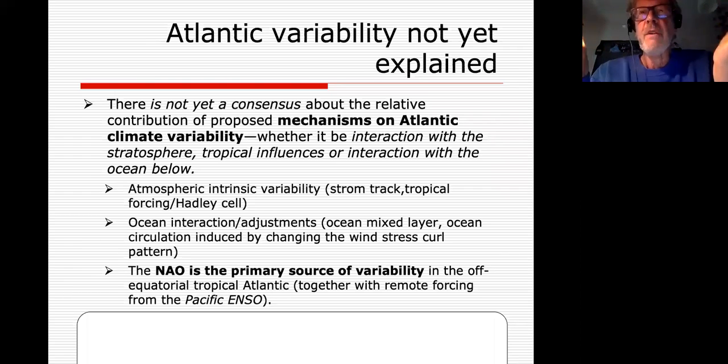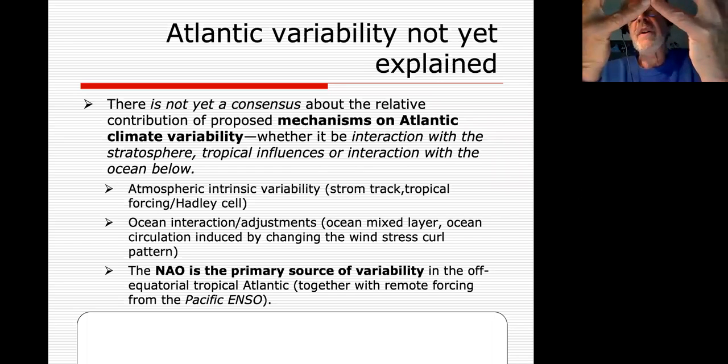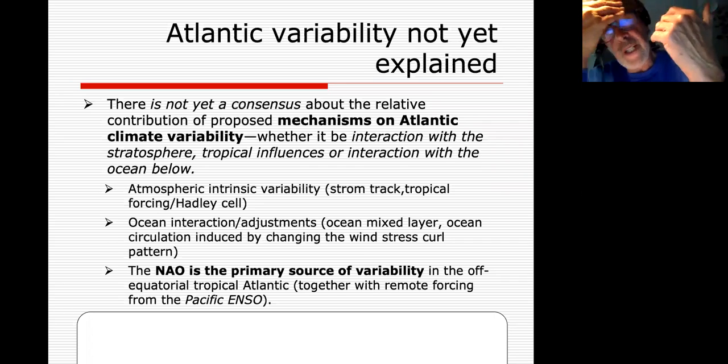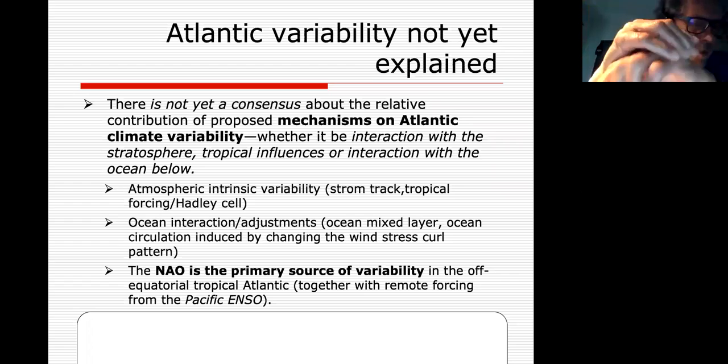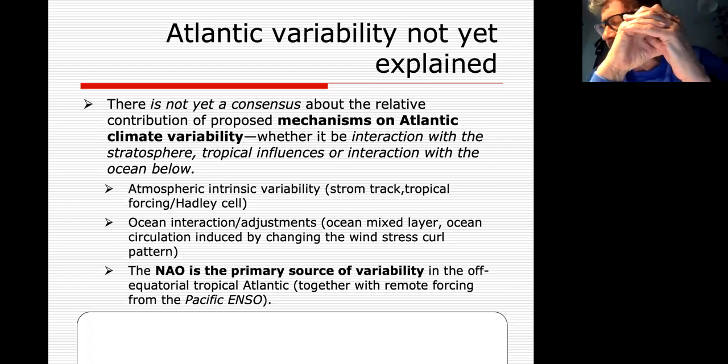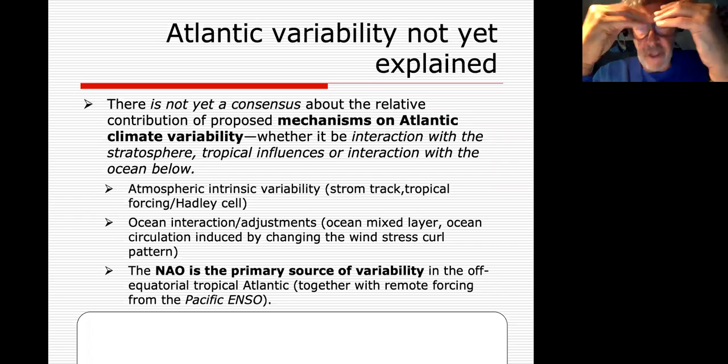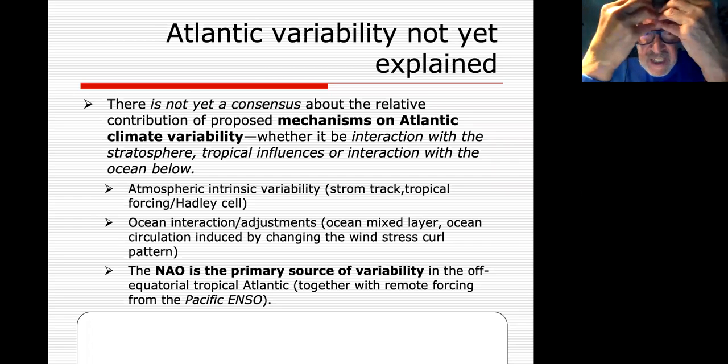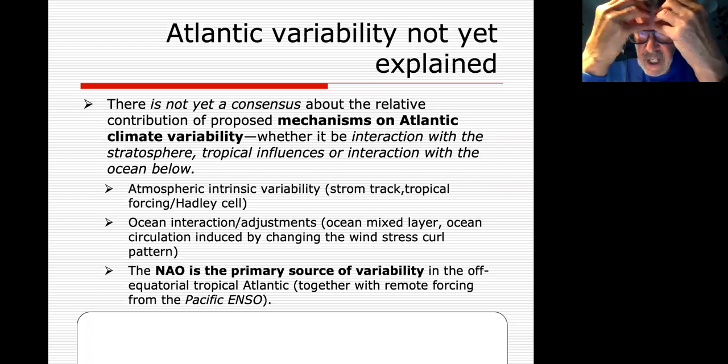Everybody understands that when you move toward decadal scale, you do need to consider not only ocean or not only atmosphere, but both systems together. But which is the relative importance of the contributions? This is not clear.